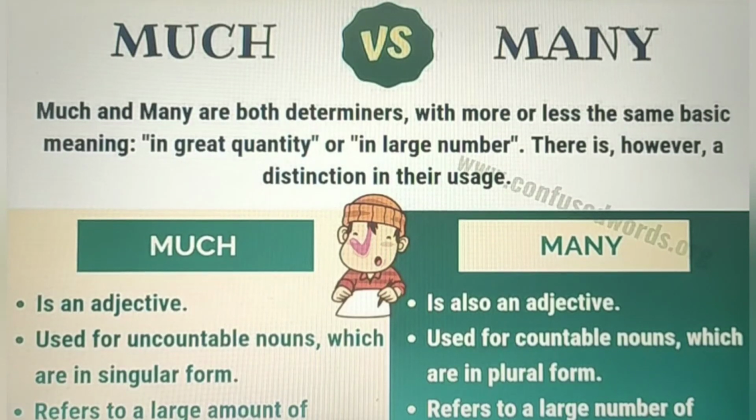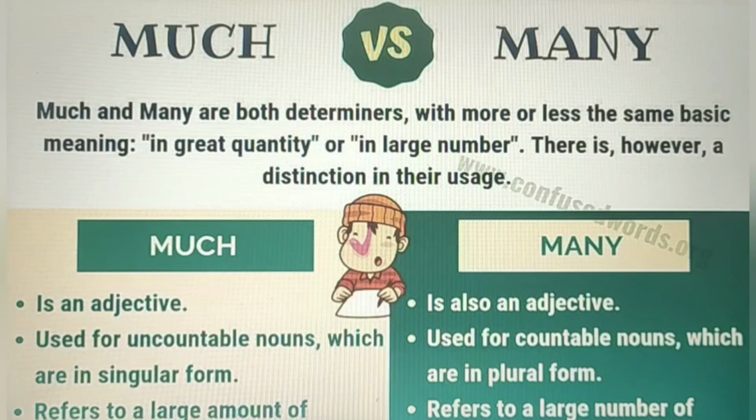Let's look at how much versus how many. A lot of times we have this doubt of when to use how much or how many. Let's look at these examples and understand. Now, both how many and how much have the same basic meaning, that is, in great quantity or in a large number.